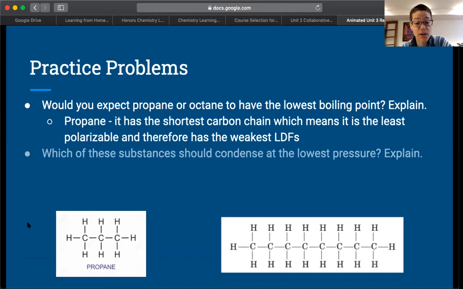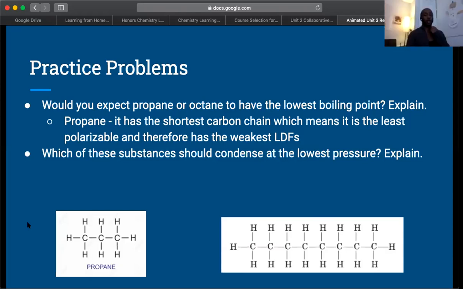So then another question, which one should condense at the lowest pressure? Okay, so unpack that. First off, what does it mean to condense? No, condense is gas to liquid, right? That's the condensation on your bathroom mirror when you're taking a shower.